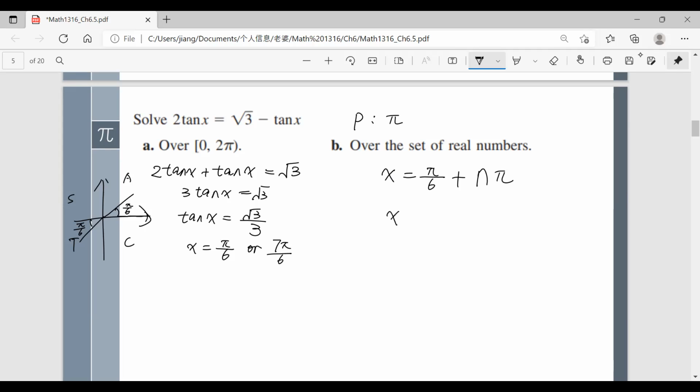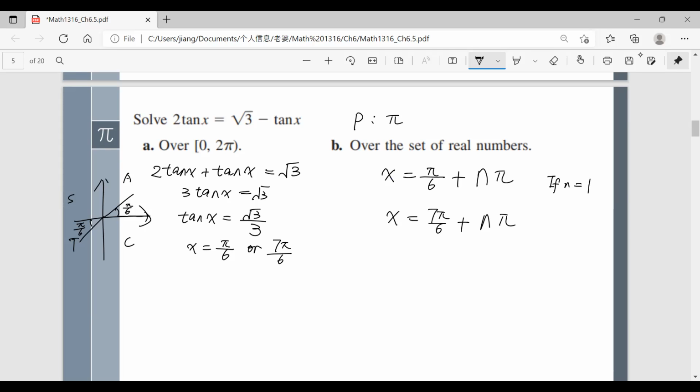And how about another solution for the 7 pi over 6? Can I write down 7 pi over 6 plus n pi? Actually, look at here. If n equals 1, I plug in the 1 in the expression, pi over 6 plus pi, that's 7 pi over 6.